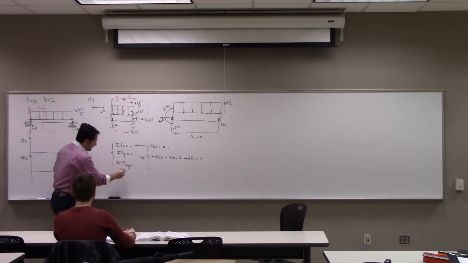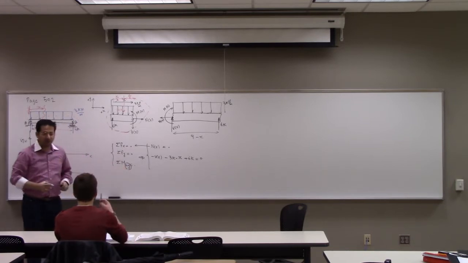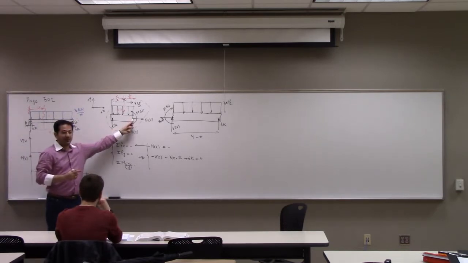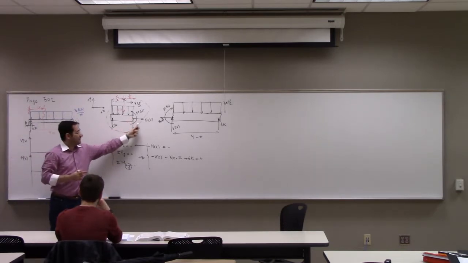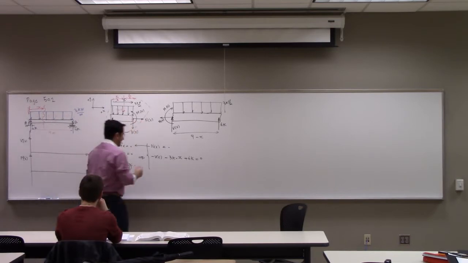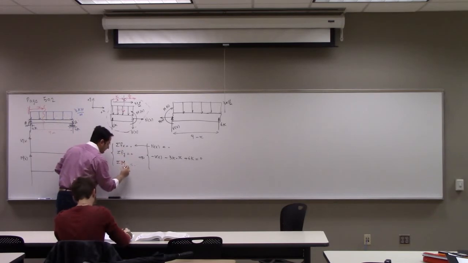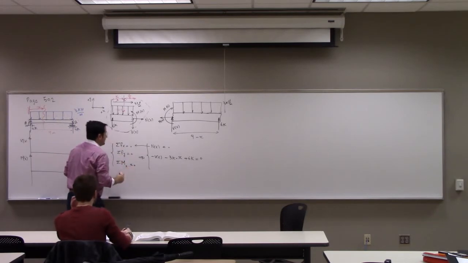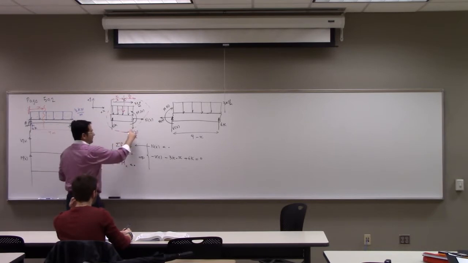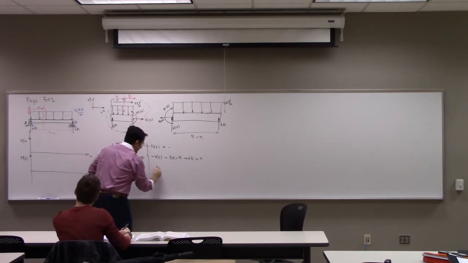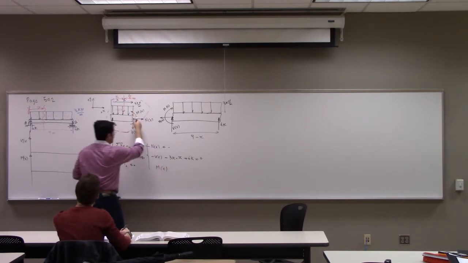What would be my reference point here? Point x. If you choose x, you're going to get rid of Dx and Nx immediately. So I put the summation of moments about x. Then what I get is the moment from Dx, 0, moment from Nx, 0. And then plus Mx, because this is also a coupled moment.